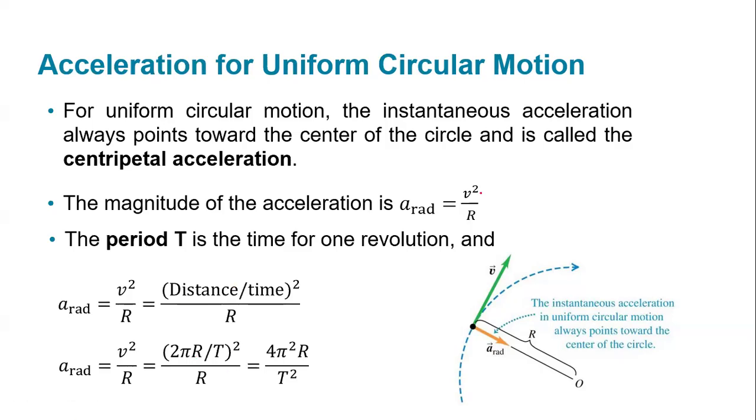So you can replace v with 2 pi r over T. Squaring this, your centripetal acceleration will be equal to 4 pi squared times r over the square of the period.